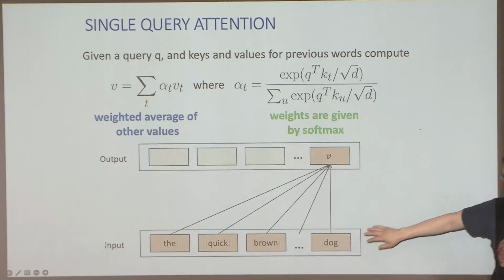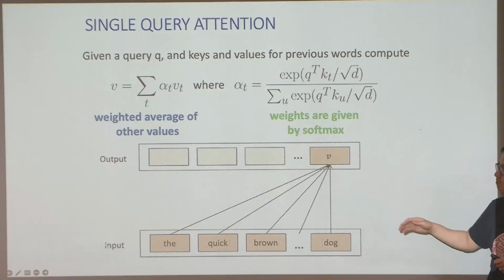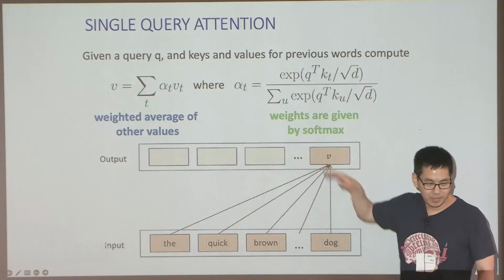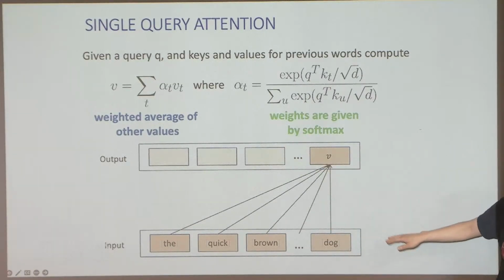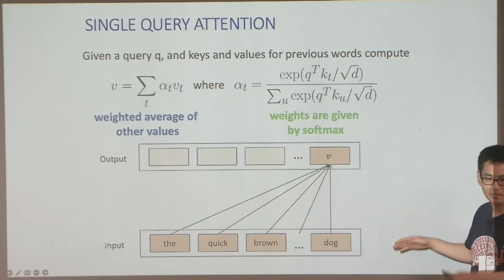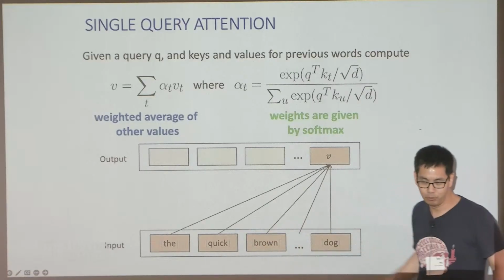The new vector that you generate will be a weighted average of the values for all the other words in your input. The weights used for this weighted average depend on vector representations of these words in the input.